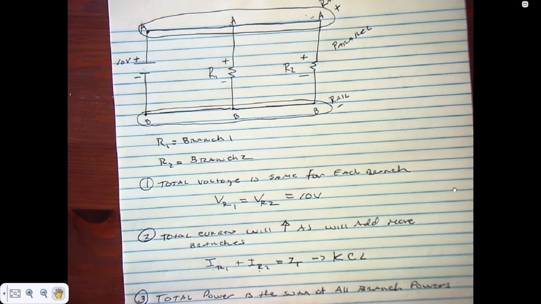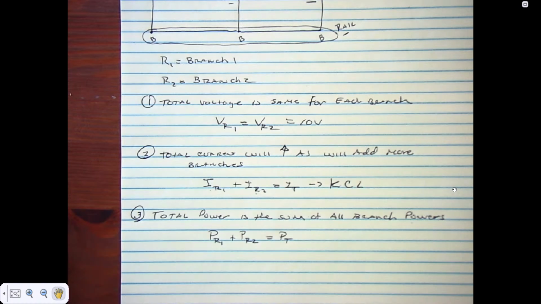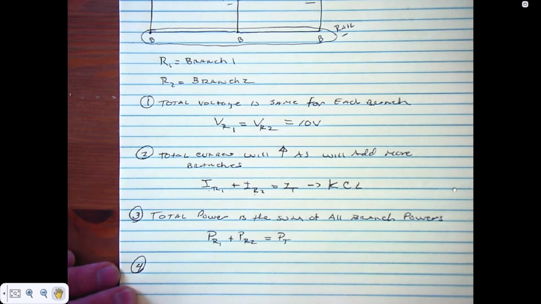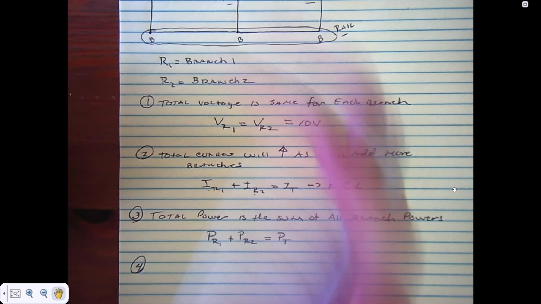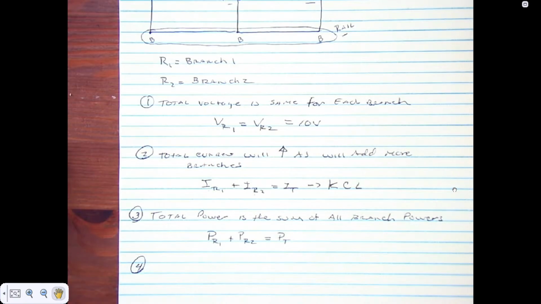So that says that PR1 plus PR2 is equal to P total. Finally, number four, and there are other interesting characteristics of parallel circuits, but I think this gives you a foundation of what we're looking for.